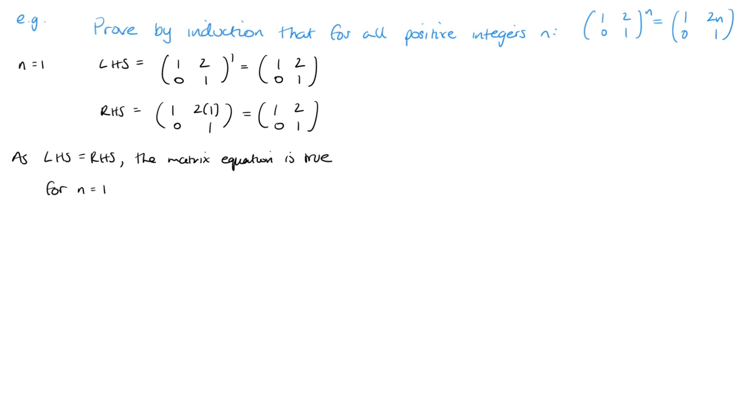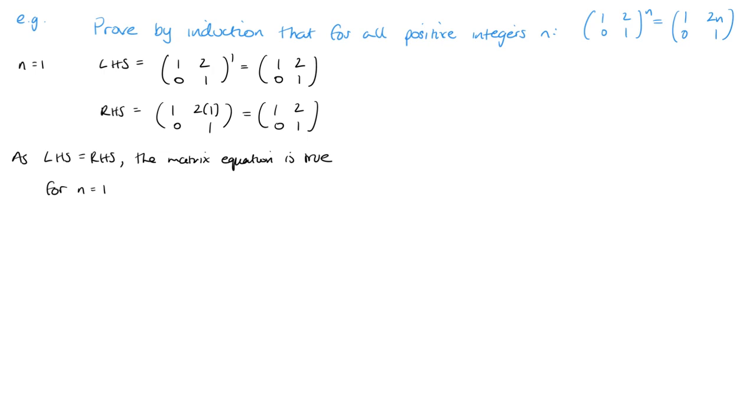Now we're getting on to the inductive step. So for this now we want n equals k plus 1. Okay, so the matrix equation becomes, now you don't have to put in all of these words, but I'm just doing it to help you out, to fill it out completely.